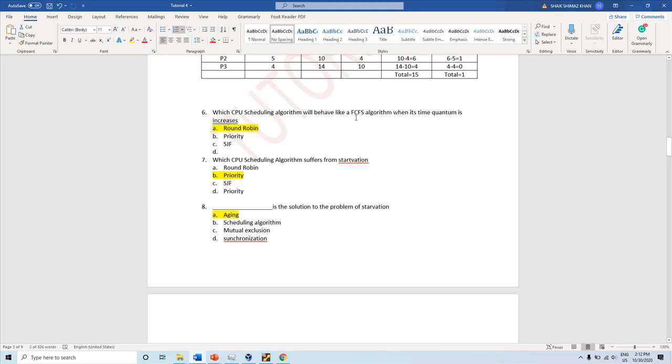Which CPU scheduling algorithm will behave like the FCFS algorithm when its time quantum is increased? Round robin. We have already discussed this. Which CPU scheduling algorithm suffers from starvation? Priority.